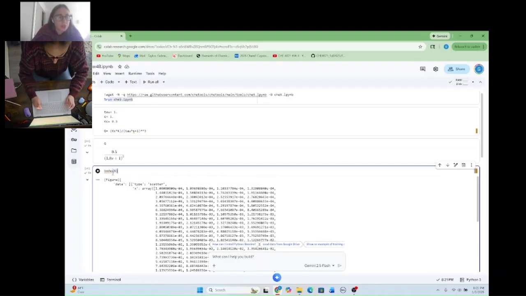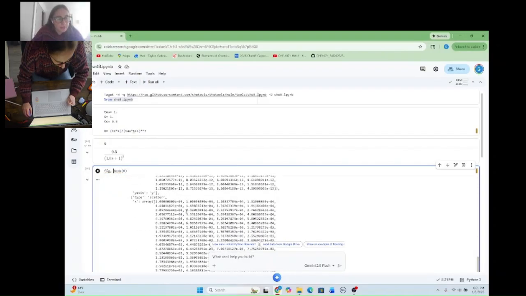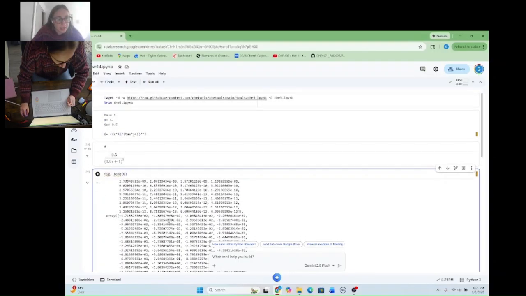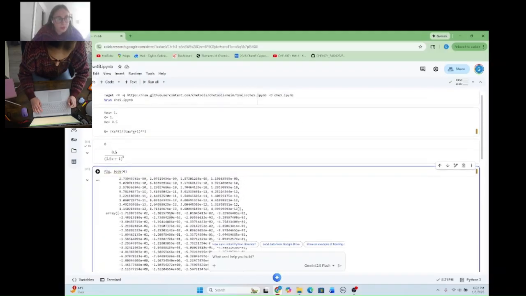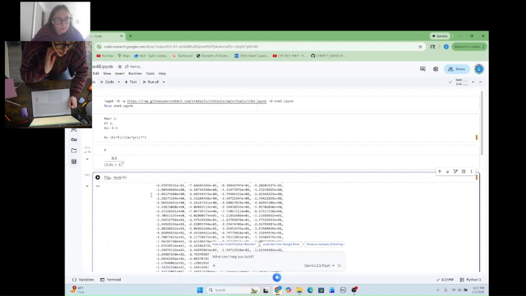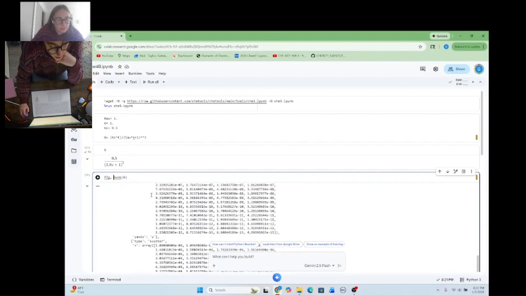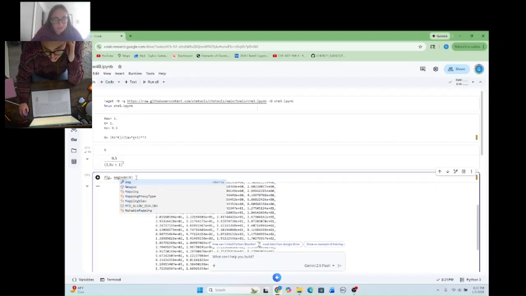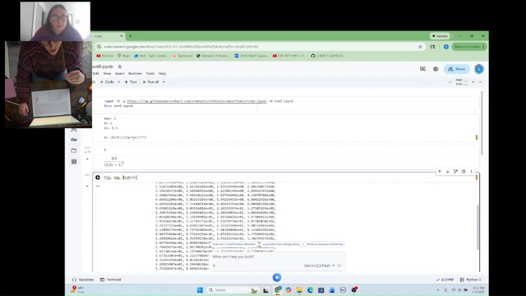The first one is going to be our figure, our next one is going to be our magnitude, and then the next one is going to be our phase angle.